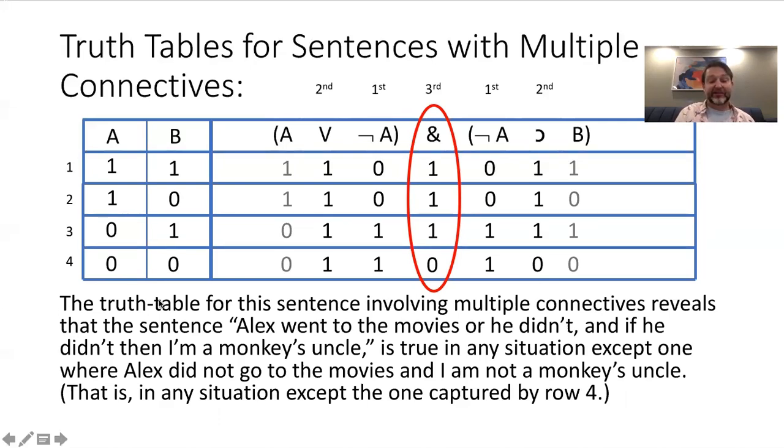That is any situation except the one captured by row 4. So again, this tool allowed us to tell under what situations this complex sentence would be true based simply on our knowledge of the connectives and the underlying truth value of the atomic sentences. And that's because our logical connectives are truth functional. That's why we don't have to know any other information than those things.